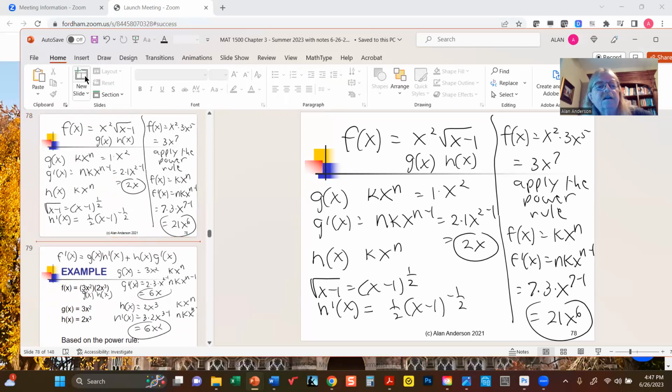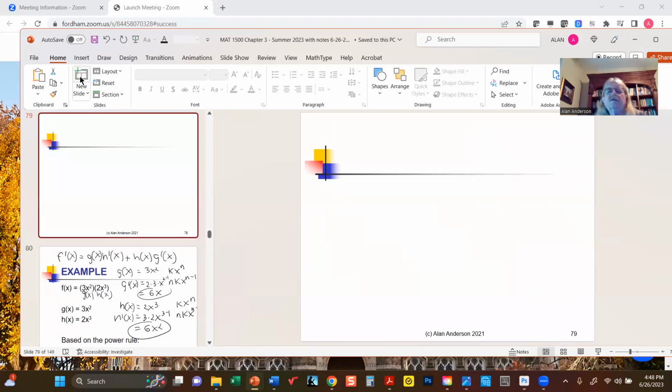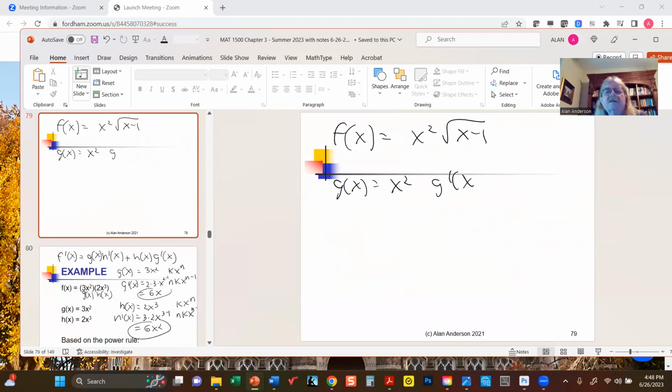So we can consolidate these now. In other words, let's gather up all the information again. F of x is x squared radical x minus 1. So we have g of x, x squared, g prime of x is 2x. H of x, radical x minus 1.